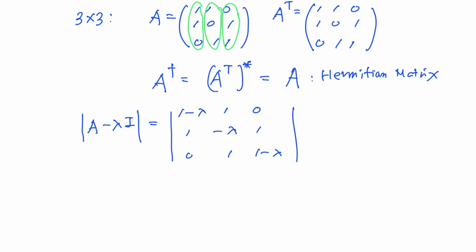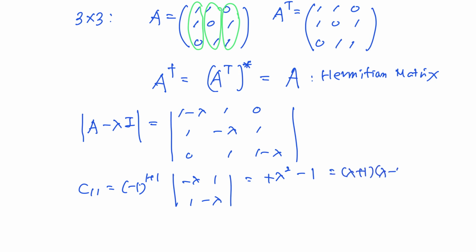So cofactor C11 is minus 1 to the 1 plus 1, and this minor, minus lambda, 1, 1, 1 minus lambda, which is lambda squared minus 1, lambda plus 1 times lambda minus 1.